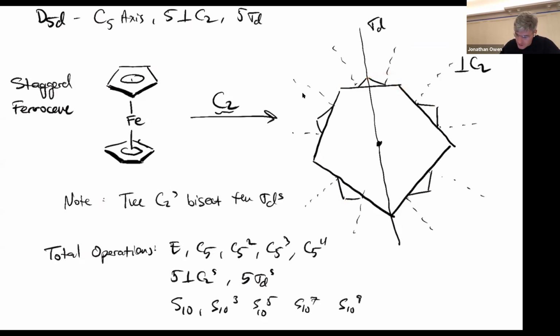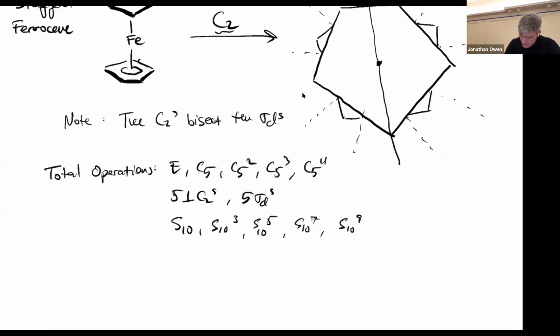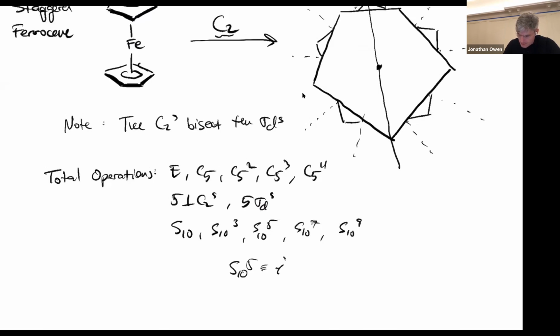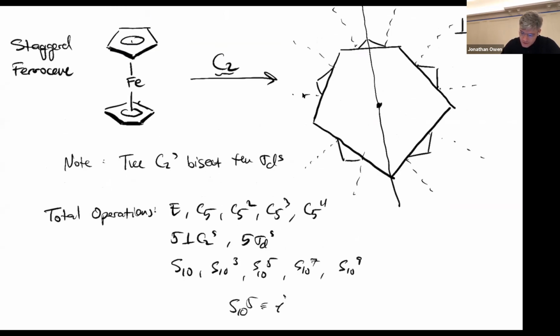Orthogonal reflection sends me to this position. Let's do S10 3 times. Once sends me here, twice sends me there, 3 times sends me here. Okay. Now where's this inversion center? Oops. The inversion center turns out is the same thing here. S10 5 times is the same thing as an I. Let's just do that really quickly.